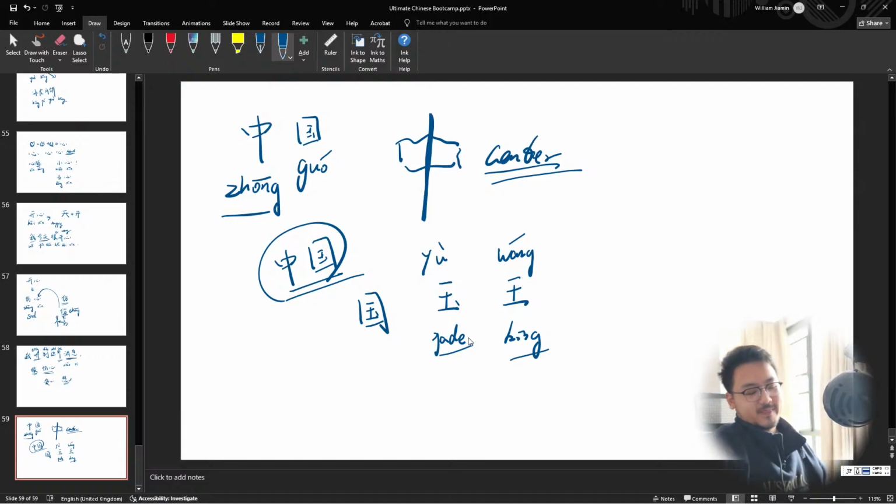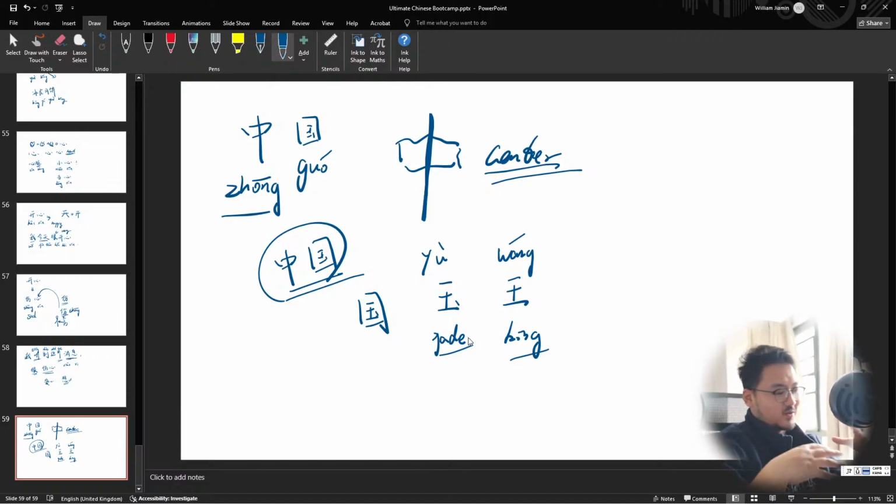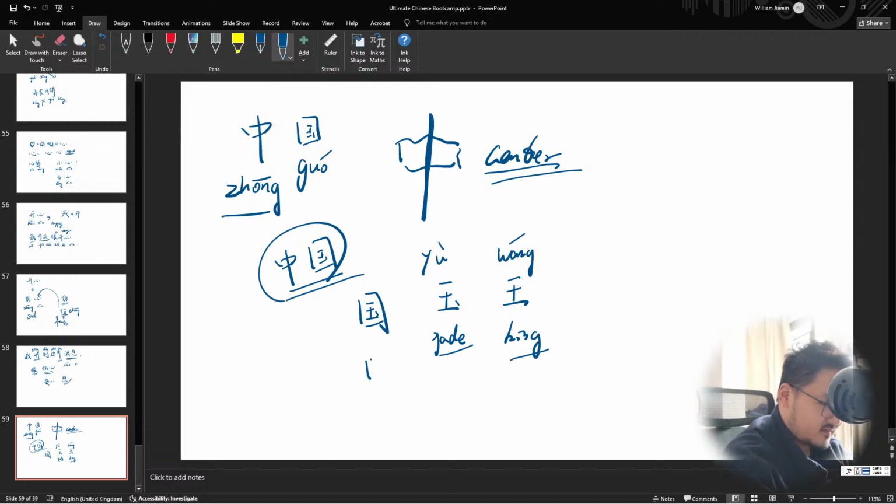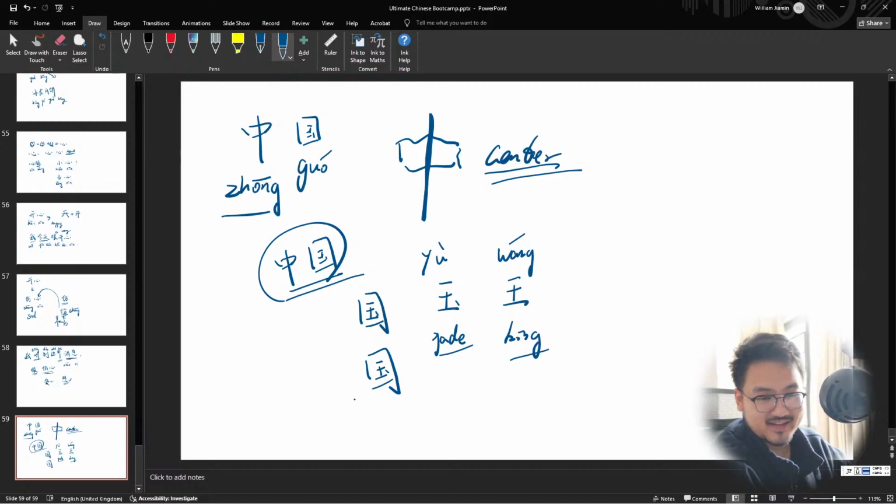So traditionally, in order to verify this is the decree from the king, from the emperor, they used a jade seal, and you stamp it. Let's say this is the king's decree, this is the emperor's decree. So we have the enclosure, and we have the king's jade as decree inside.